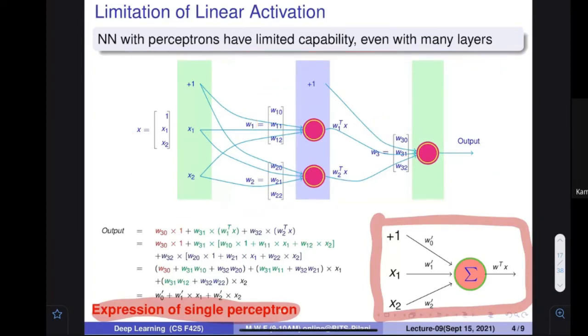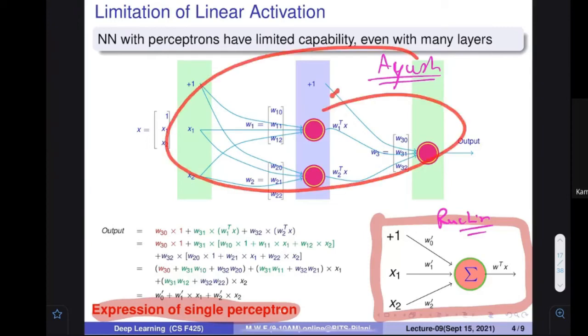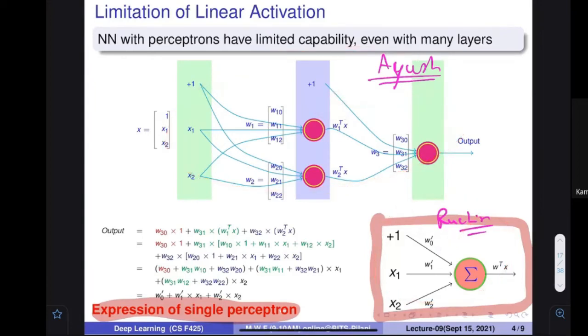Let's assume that Ayush was thinking that he is going to make this kind of neural network for his problem, but Ruchir came with this kind of circuit. He made this circuit, and Ayush trained his circuit and got the same output which you would get by having this circuit.